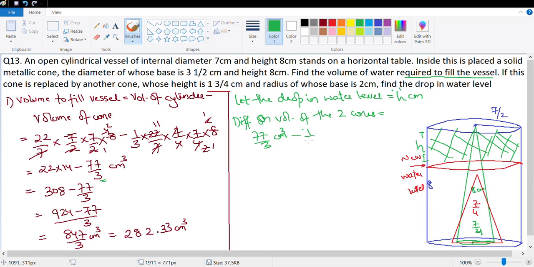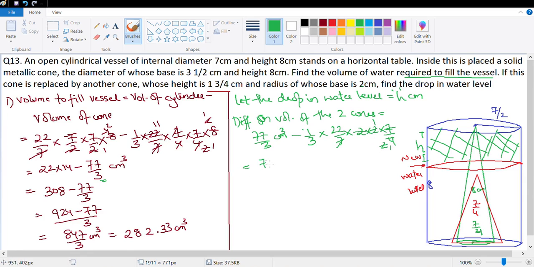So that will be 1 by 3 pi, that's 22 by 7 into r. R in this case is, no, the r is 2, sorry, r is 2, and the height is 7 by 4. That's 7 and 7 gets cancelled. 2, 2, 2, 1, 2, 1. That's 22 by 3.